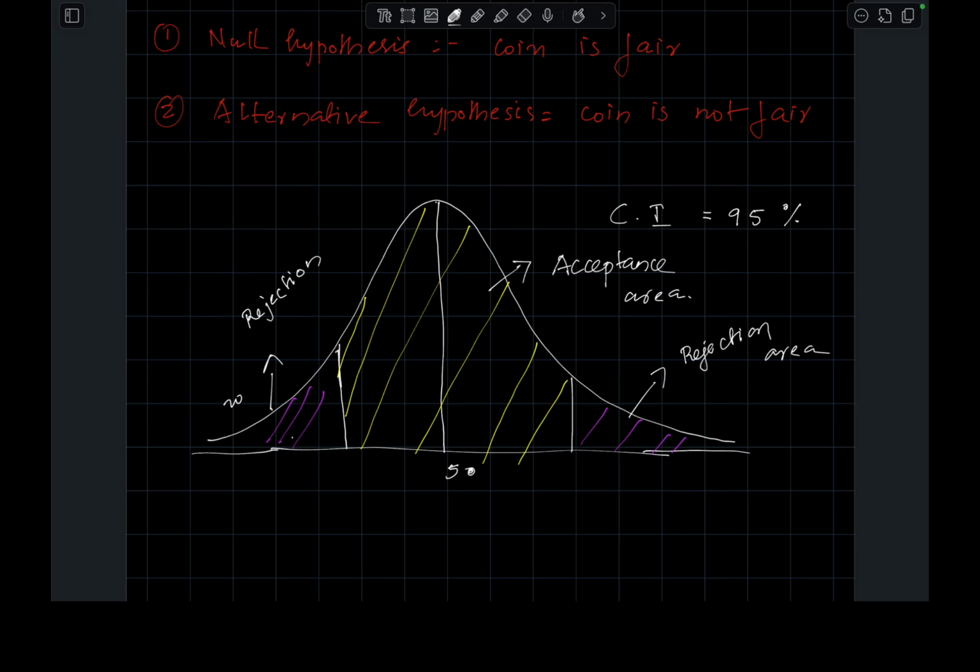So here we are assuming with 95 percent confidence that the coin is fair, and we have two tails over here for rejection, right? Those two parts have equal area, and since the 95 percent goes under this yellow shaded area, here and here I will have 2.5 percent each. So for each area, the significance value I can take as 0.025.